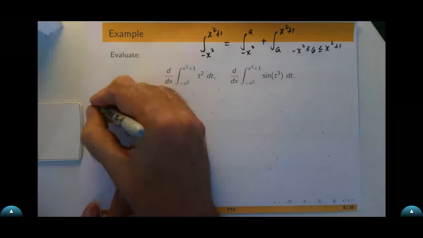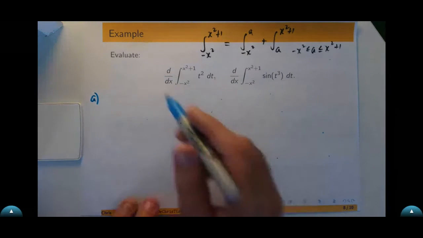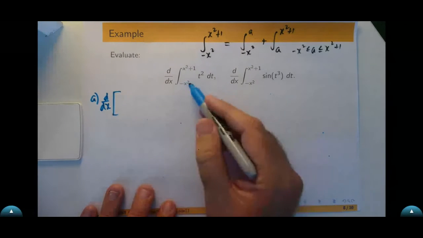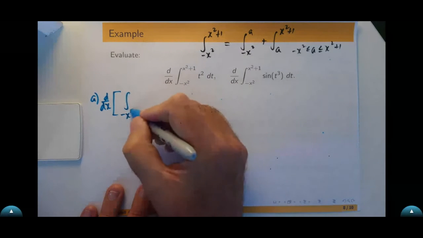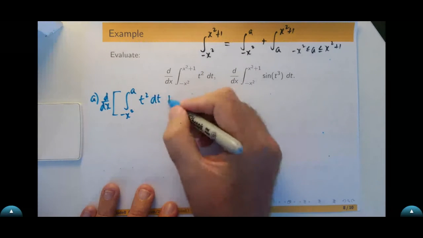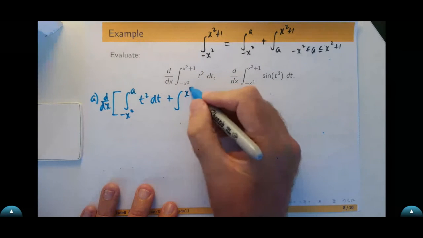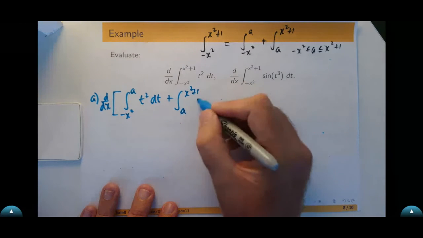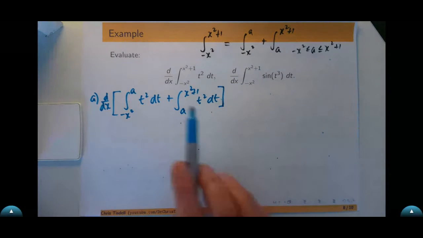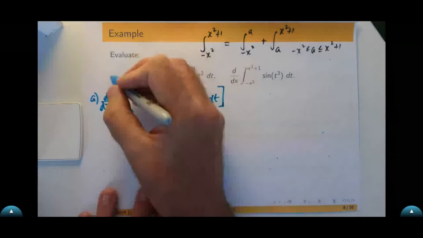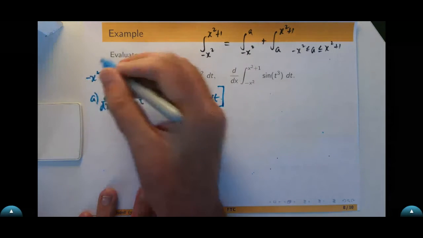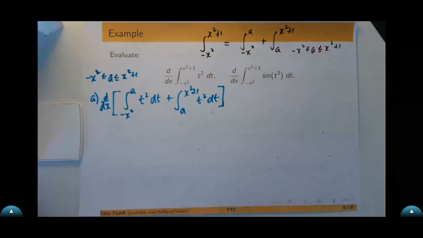Okay, so for part A, right, we can say, so for any a between x squared plus 1 and negative x squared, you could choose 0 here. 0 is fine.